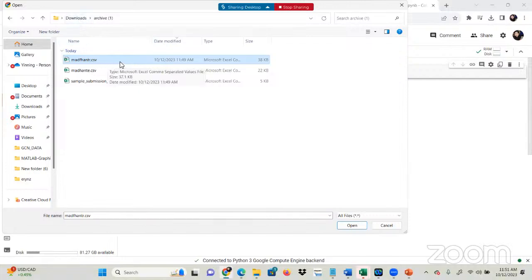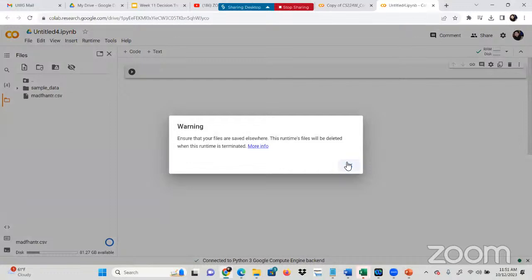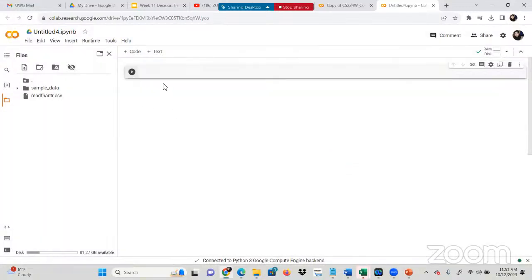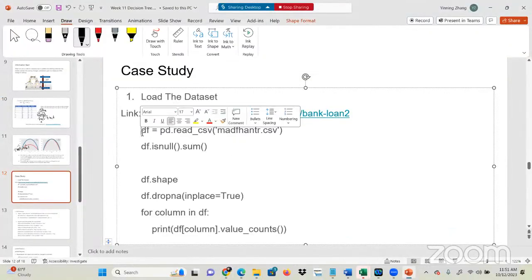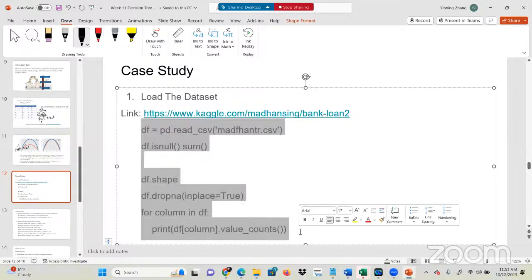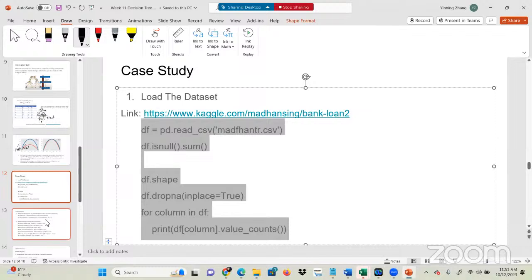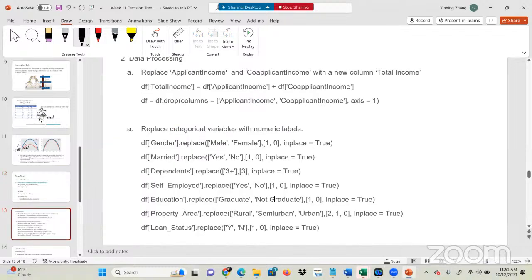Sometimes I use it. It's the training, so I need the training data. Then I'll be able to read it, and this is just general data processing. What I really want to show you is the end.